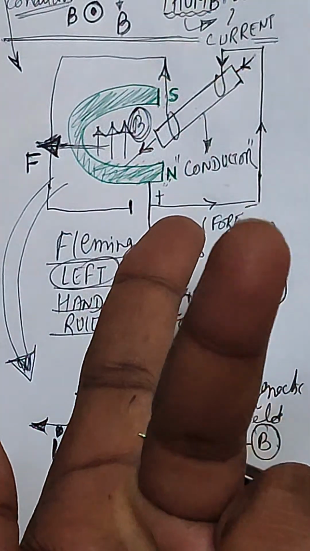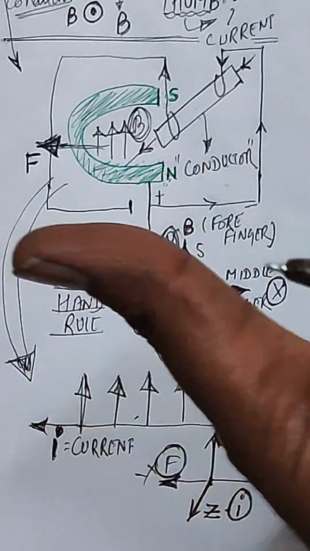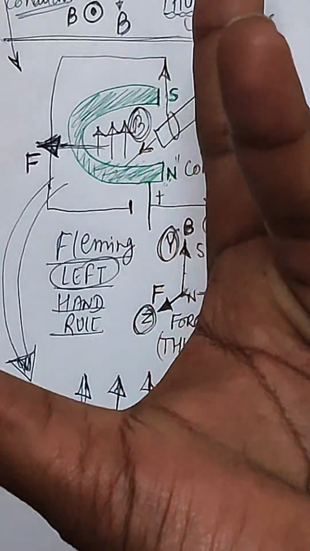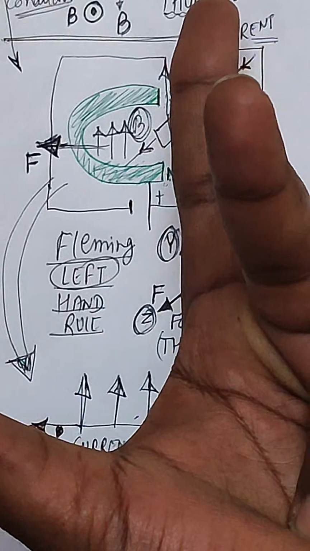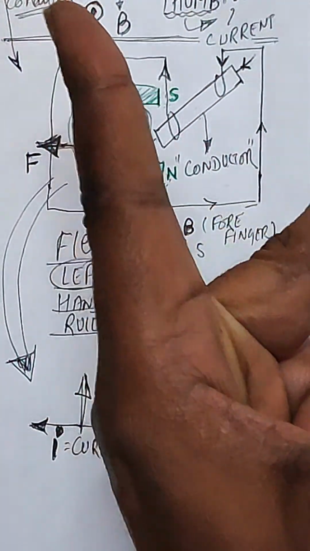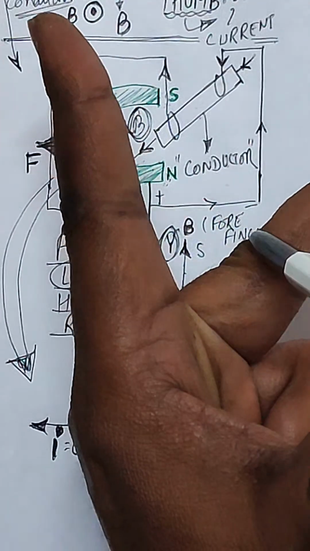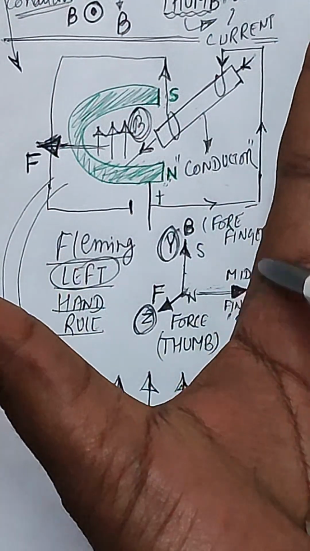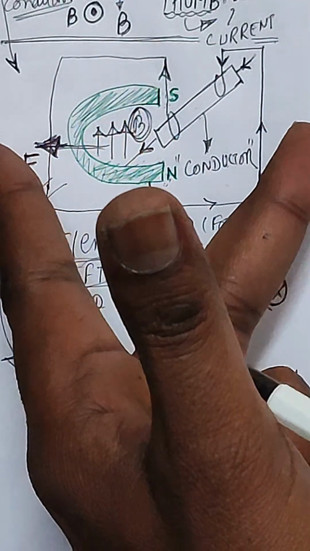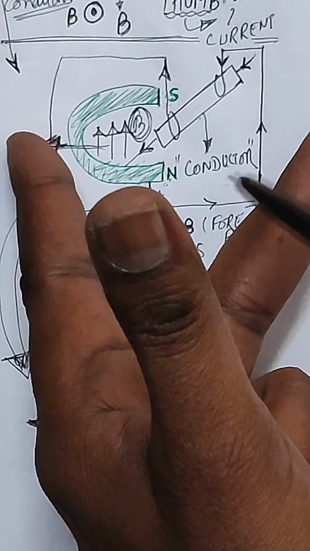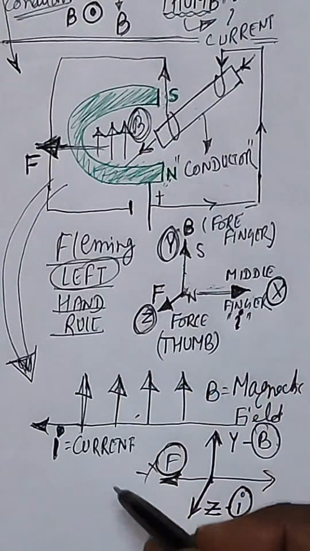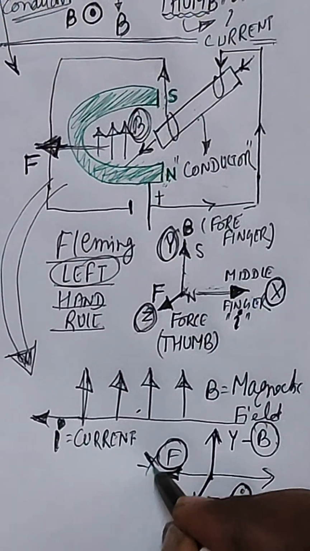Now the thumb is pointing towards the left. If the two fingers and thumb are at 90 degrees to each other, this is 90 degrees, this is also 90 degrees, and the middle finger and thumb also make an angle of 90 degrees. So this gives you the direction of force in the negative x direction.